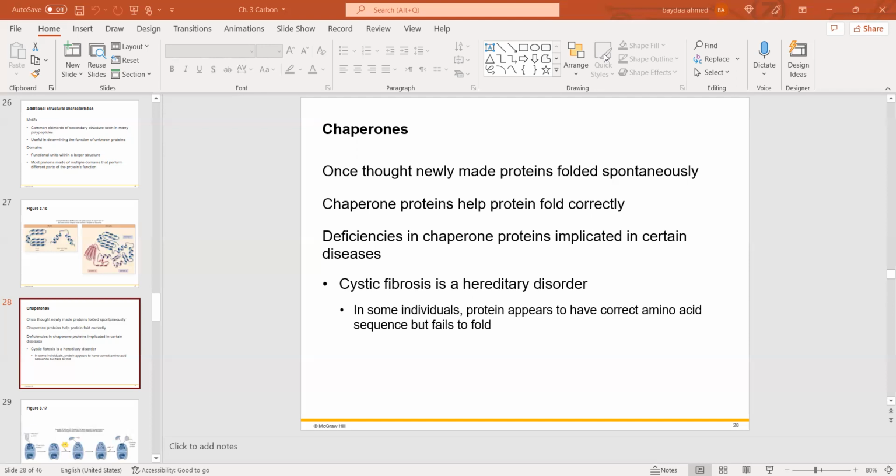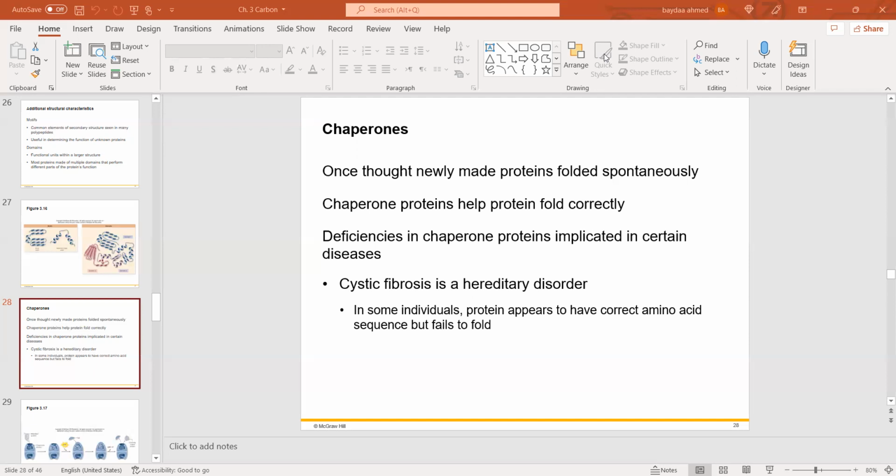So how do cells avoid having their proteins clump into a mess? Normal cells contain chaperone proteins, which help proteins fold correctly.